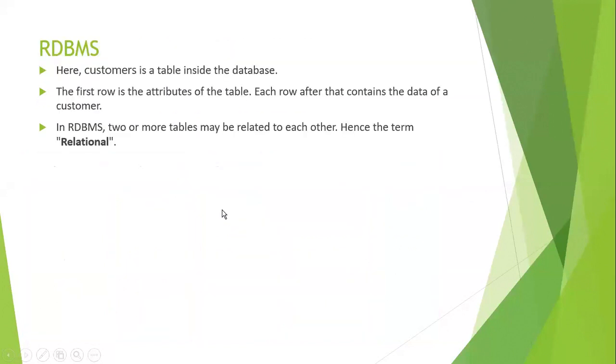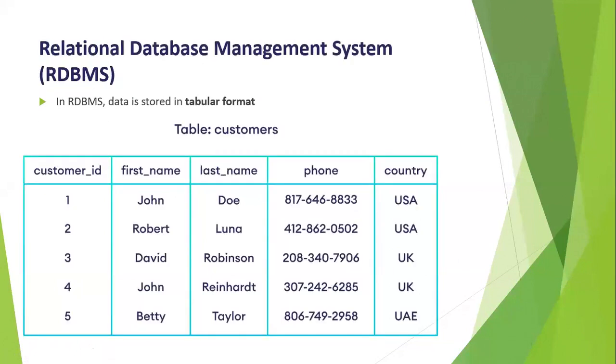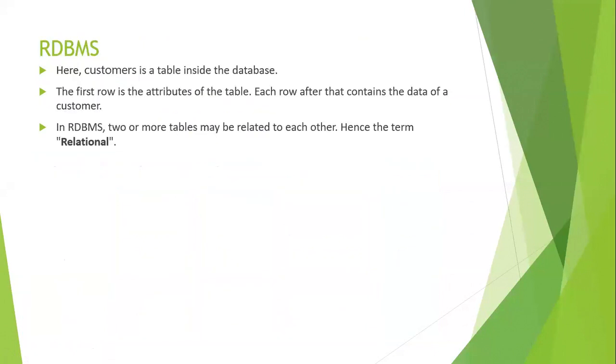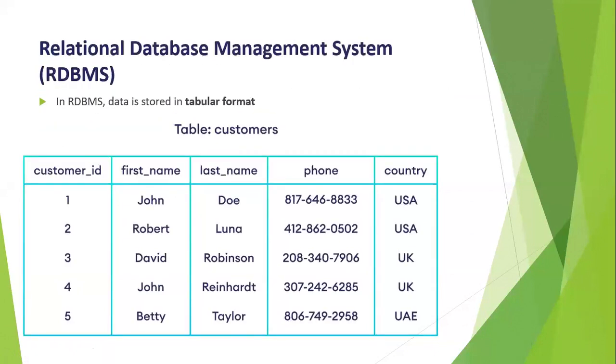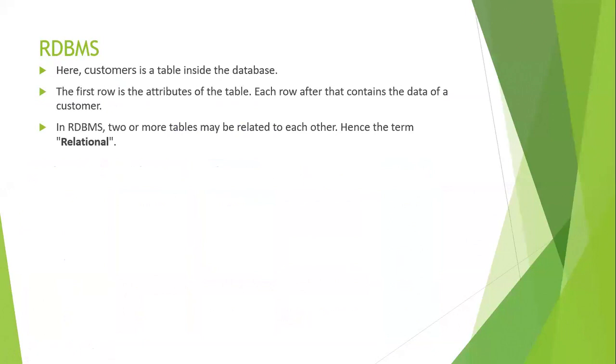The first row is called the attributes of the table, and then each row after that contains data of a customer. So the attributes are customer ID, first name, last name, phone, country. And the records are like 1, John Doe, all these things. These are called records.